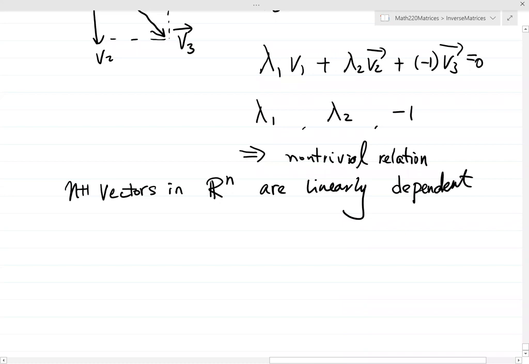This is called the pigeonhole principle. Same idea: n plus 1 vectors in Rn should be linearly dependent. And if you have n plus 2 vectors in Rn, of course they are linearly dependent.